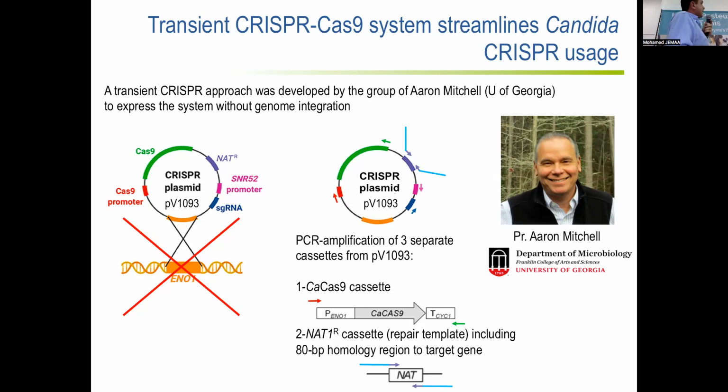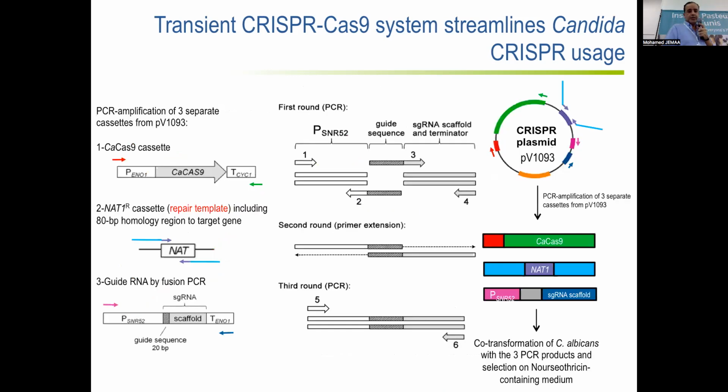The first one is a Cas9 cassette with the red and green primers. The second is the selection marker, your repair template, that carries 80 base pairs of sequences that are homologous to the targeted gene. So by homologous recombination, you would introduce your marker and get a knockout of your favorite gene.